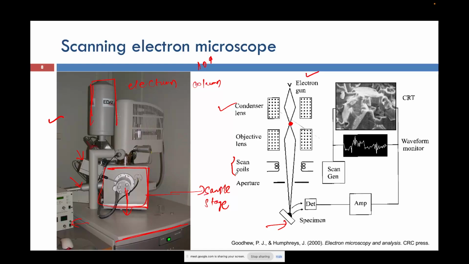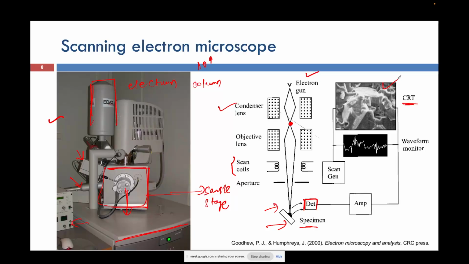Then after the electron beam interacts with our specimen, our detectors will be there. It will scan all through this specimen, and this is the detector. From the detector, there is an amplifier, and then a cathode ray tube, and then finally you will get your image. So this is our image.